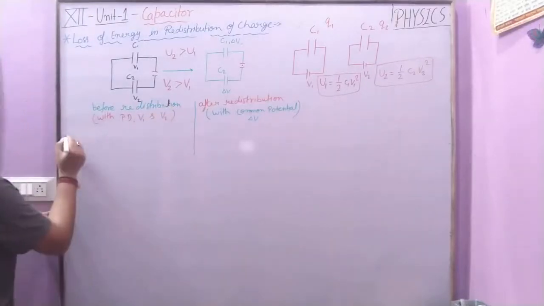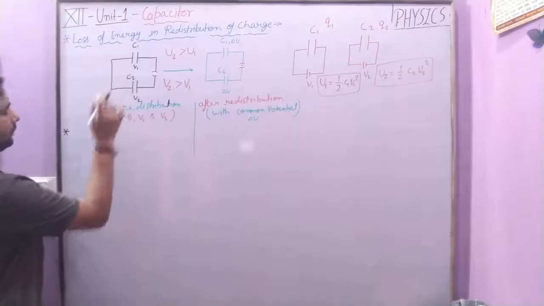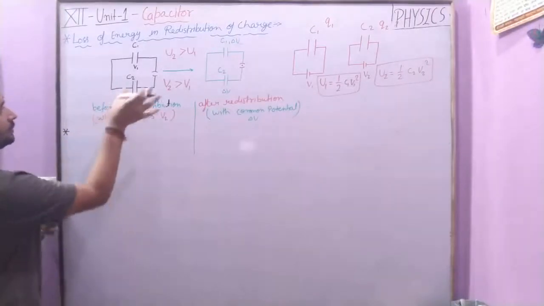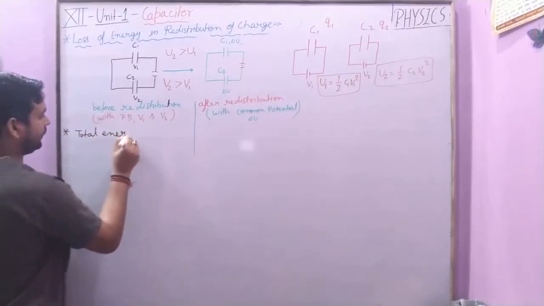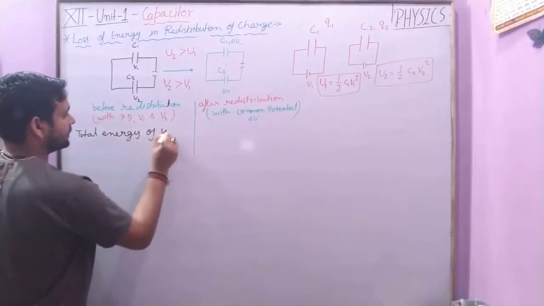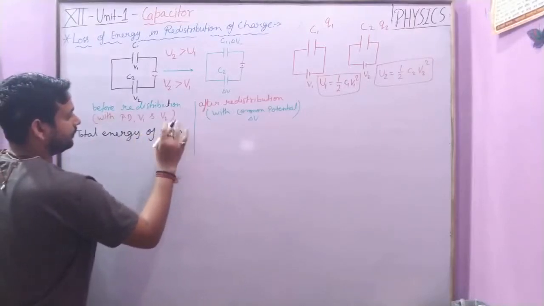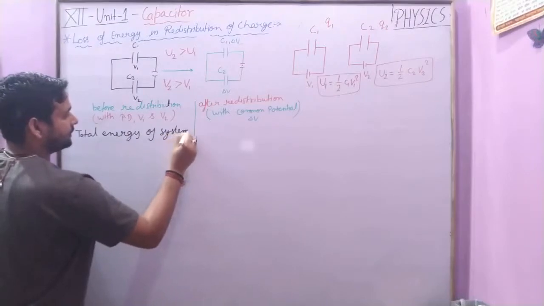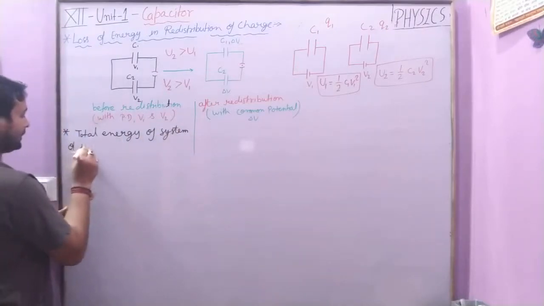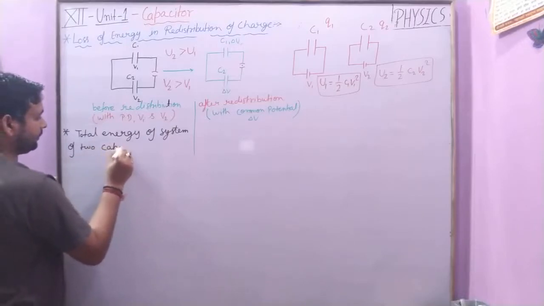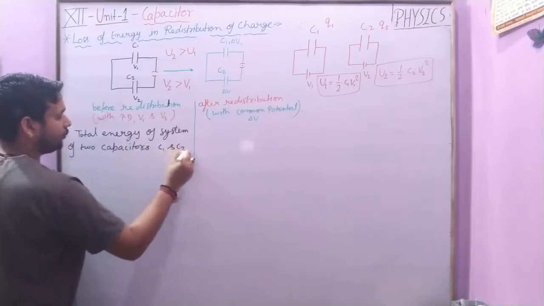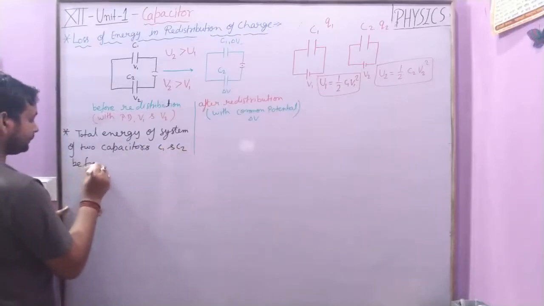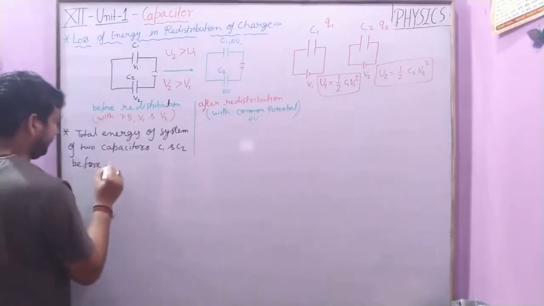First, the total energy of the system of two capacitors C1 and C2 before redistribution.